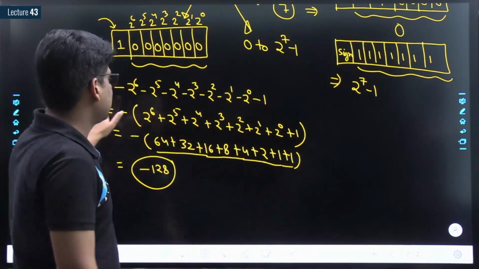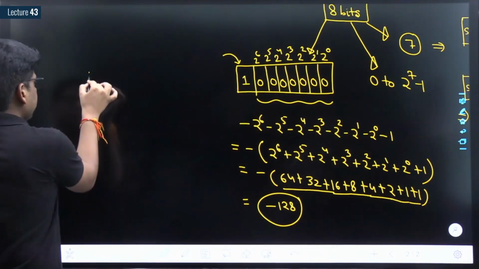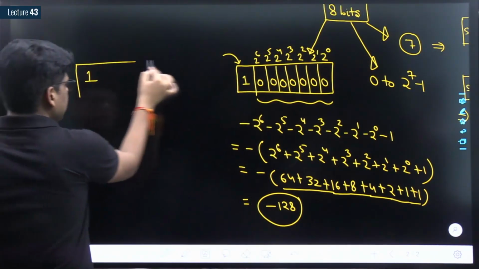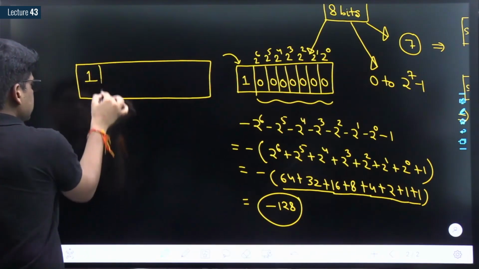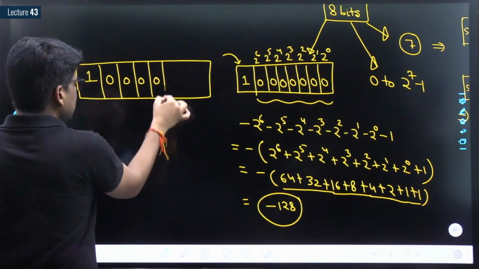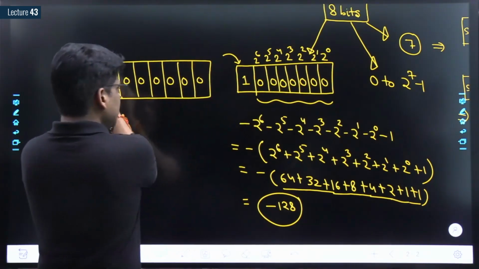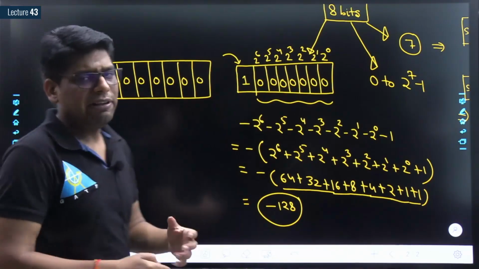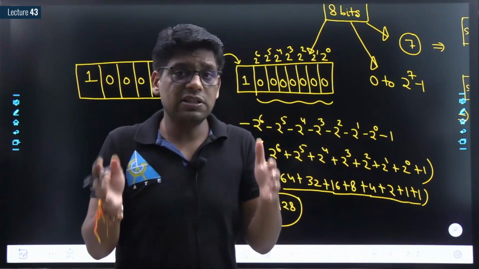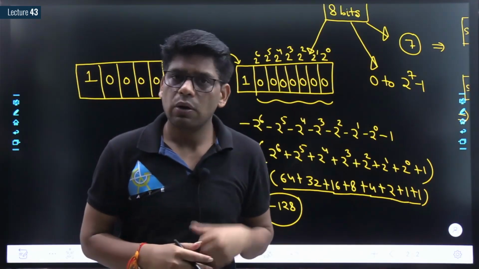But can we compute it directly? Yes, of course. We are working in 2's complement form, and to compute a direct value, we need to focus on zeros. We have 7 contiguous 0s. If I ask what the value is for contiguous 7 ones, the answer is 2 to the power 7 minus 1.